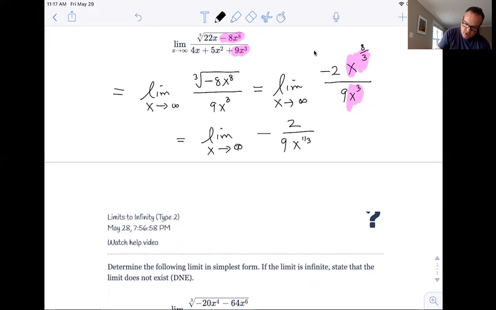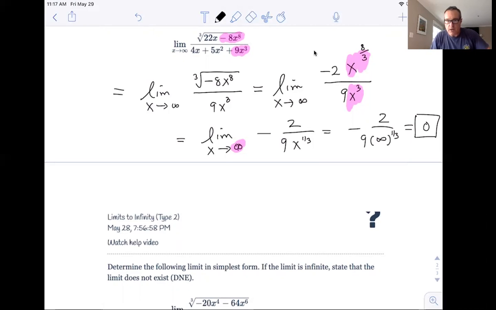And then as you start approaching infinity, what happens here? You got negative 2 over 9 times the cube root of infinity, which is still infinity. And so what happens is you got 2 over an infinite number, which becomes 0.